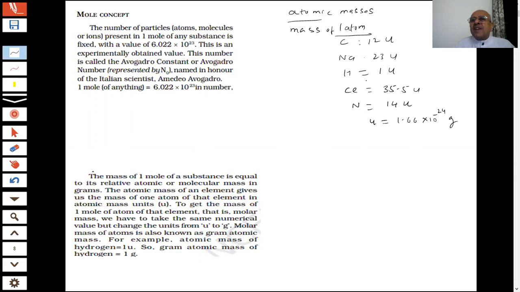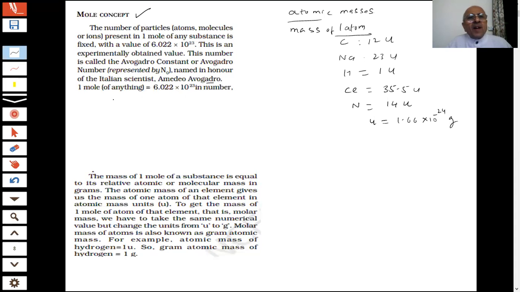What is the meaning of this? What calculations will I do, students? Very difficult. In order to solve this problem, students, the mole concept has been given. What is a mole? Mole is only a number which was given by Avogadro. You have seen this is the name of Avogadro.